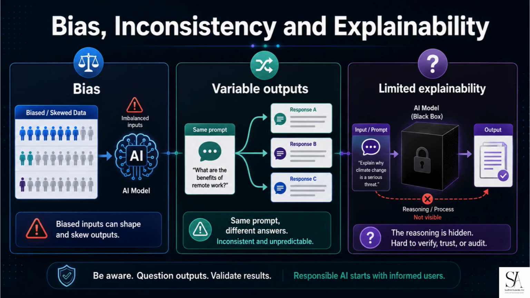Closely related are privacy and data security concerns. A user may unintentionally enter personal, confidential, regulated, or proprietary information into a generative AI application. Organizations therefore need clear rules governing what information may be supplied to these systems, where it may be processed, and how it may subsequently be stored or reused.